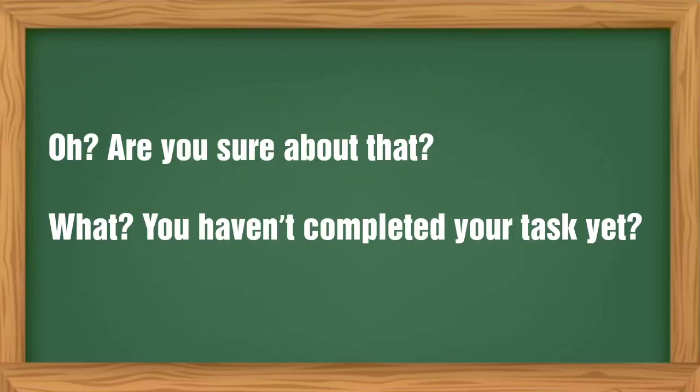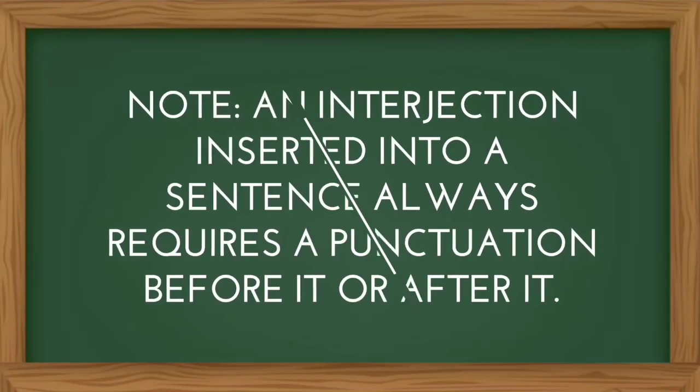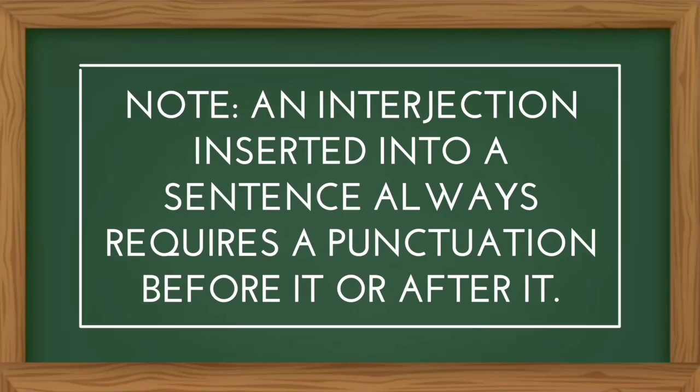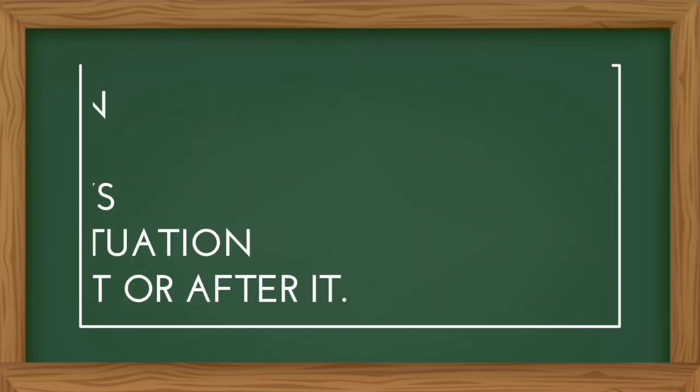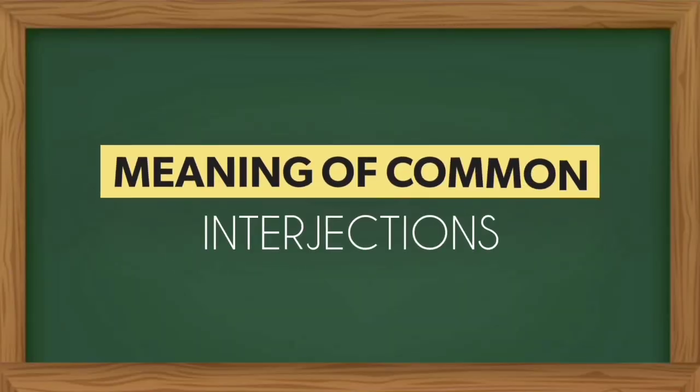In the following sentences, a question mark was used after each interjection to show disbelief, uncertainty, or a question. Take note that an interjection inserted into a sentence always requires a punctuation before or after it. Now, take a look at the meaning of the most common interjections.